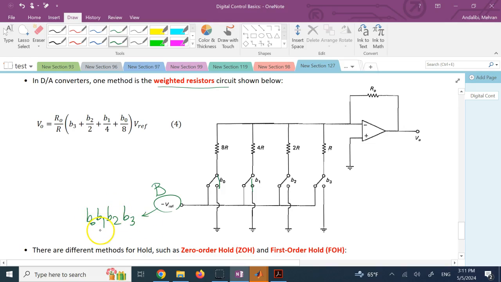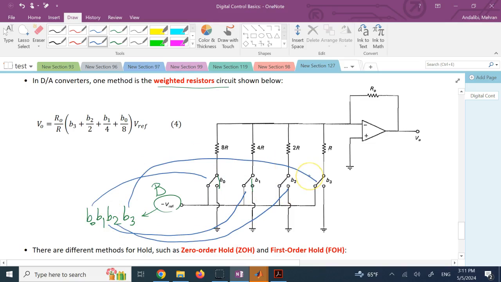And then each one of these bits is responsible for what? For closing or opening one of these switches. Depending on which one of these bits is 1, that switch can close, or if it's 0, that switch is going to open.